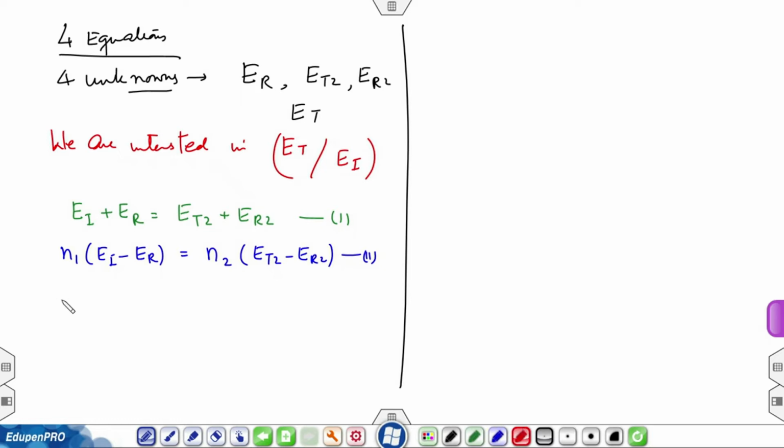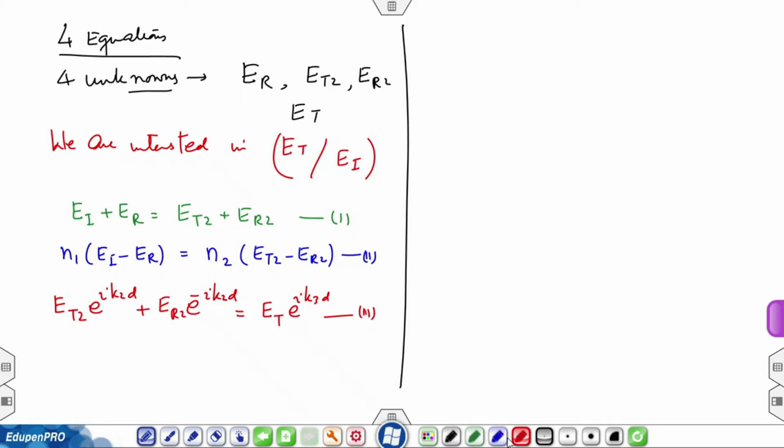Then I have ET2 e raised to i k2 d plus ER2 e raised to minus i k2 d equals ET e raised to i k3 d. That is equation number 3.